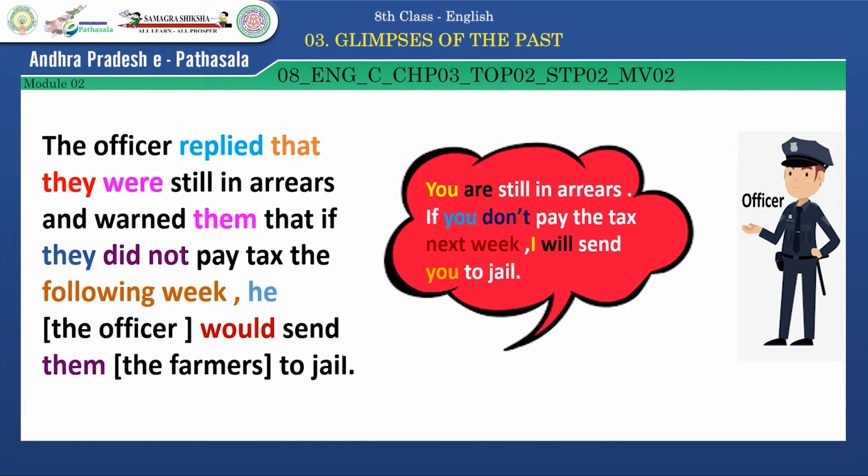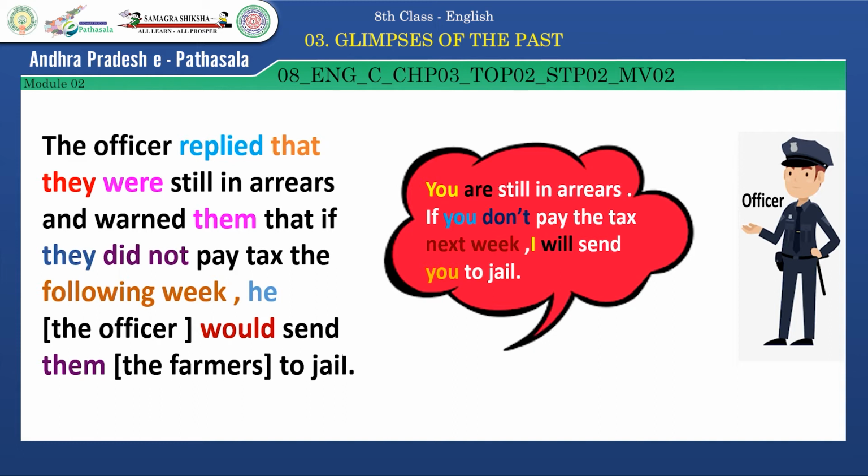officer. He is warning them, he warned them that, again we are using the word conjunction, and if you don't pay. So this changed into if they, you change into they, don't change into did not. If they did not pay the tax the following week.